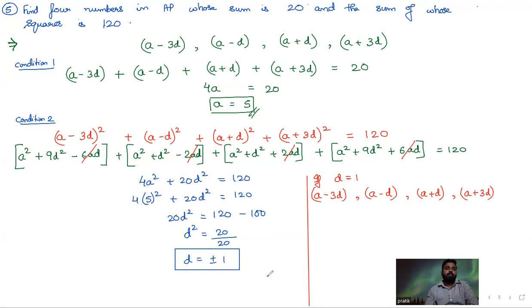So if d is equal to 1, the values of the AP is nothing but 5 minus 3, that is 2. 5 minus 1 is 4. Then you have 5 plus 1, 6. And then you have 5 plus 3, which is 8. That's your AP, the 4 terms.